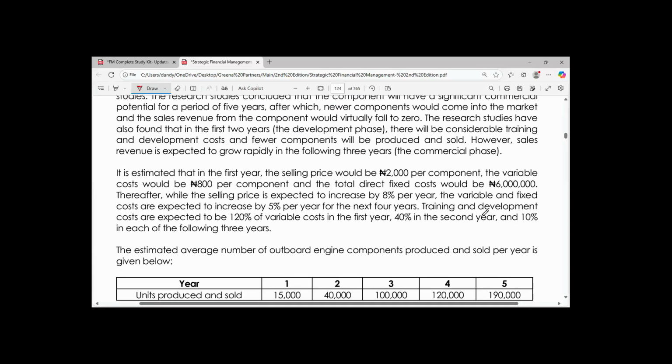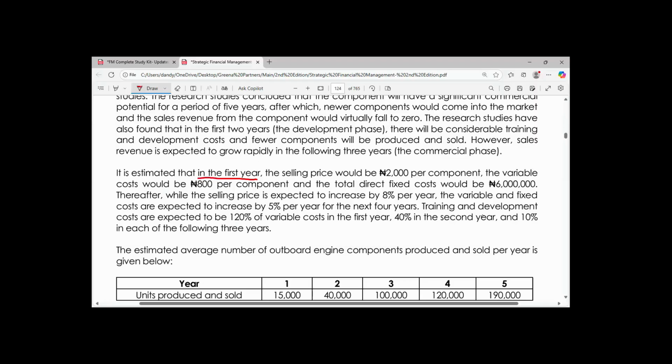It is estimated that in the first year, the selling price will be 2,000 naira per component. The variable cost will be 800 naira per component, and the total direct fixed cost will be 6 million naira. Thereafter, while the selling price is expected to increase by 8% per year, the variable and fixed costs are expected to increase by 5% per year for the next 4 years.